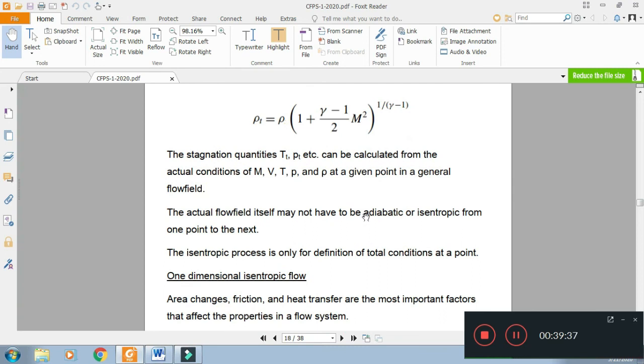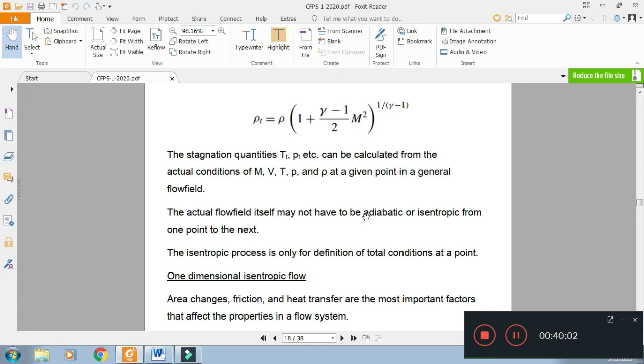So the actual flow field may not be adiabatic or isentropic. Suppose the flow is with friction. When the flow is with friction, the total pressure will change. The total pressure at one location, compared to the total pressure at the other location, will change when the flow is non-isentropic.